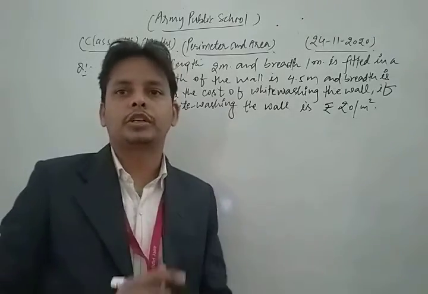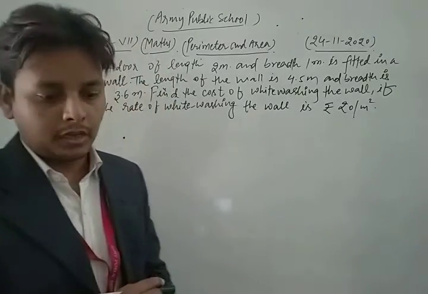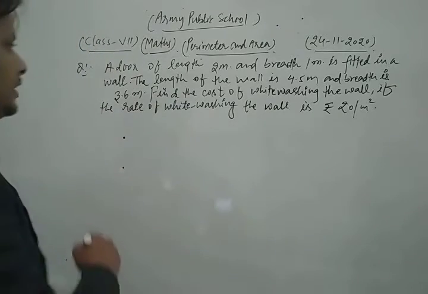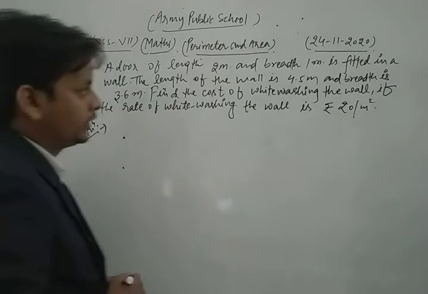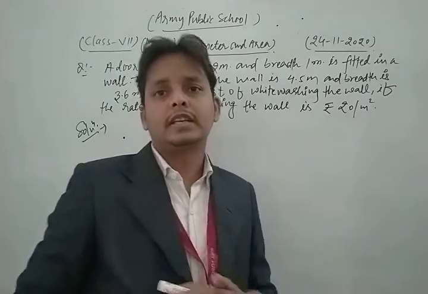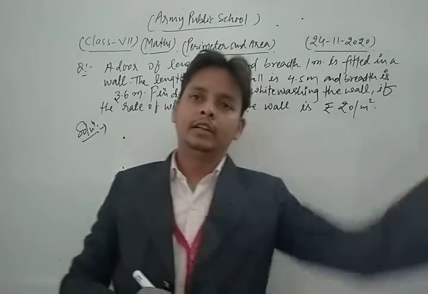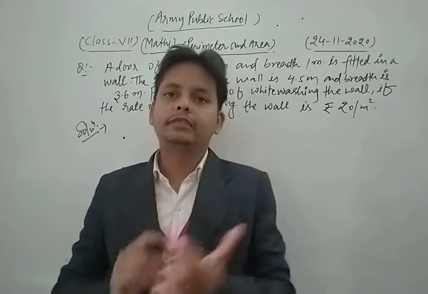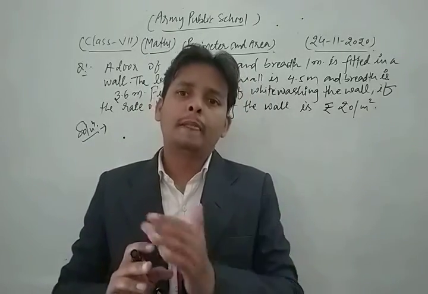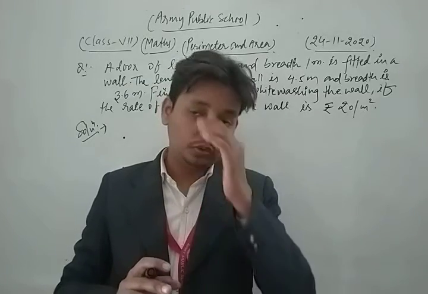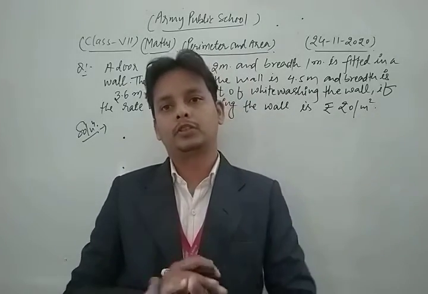Dear student, this is the question here. Now we take and solve some important question. This is a very important question of your NCERT exercise. One important thing is, what is the basic formula to find the cost? We find the cost by the help of the formula: cost is equal to area into rupees per meter square.